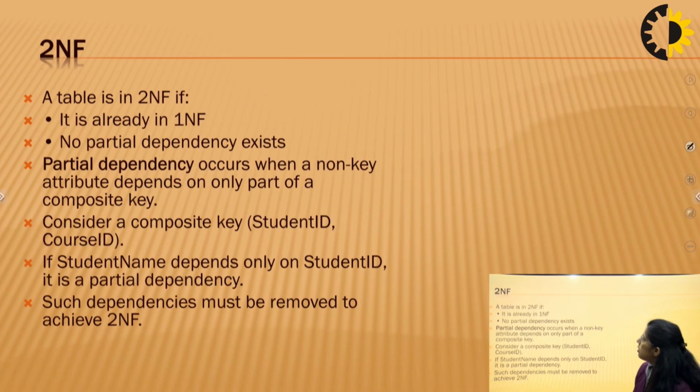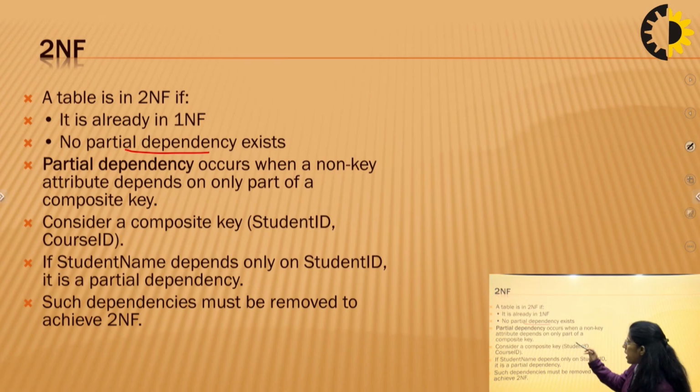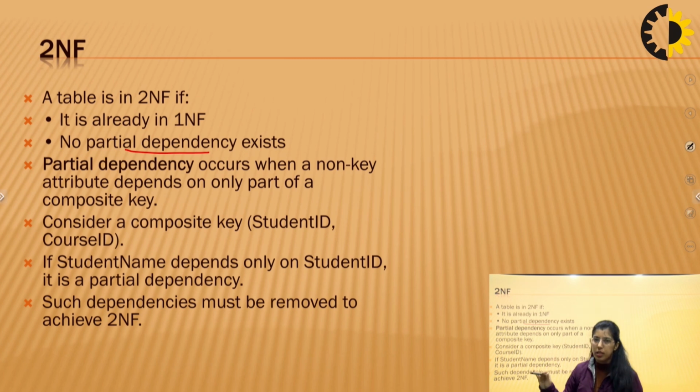Next is 2NF. A table is in 2NF if, first of all, it is in 1NF, and second, there should not be any partial dependency. What is partial dependency? It occurs when a non-key attribute depends on only a part of a composite key.